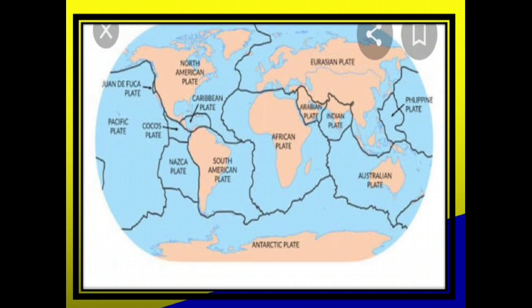Lithosphere is made up of rocks and minerals and is covered by a thin layer of soil. It has an irregular surface with various landforms such as mountains, plains, plateau, valley, etc. It is the layer on which we live.